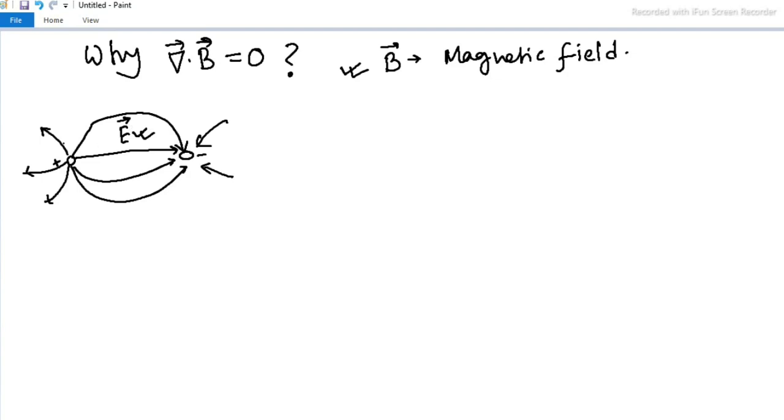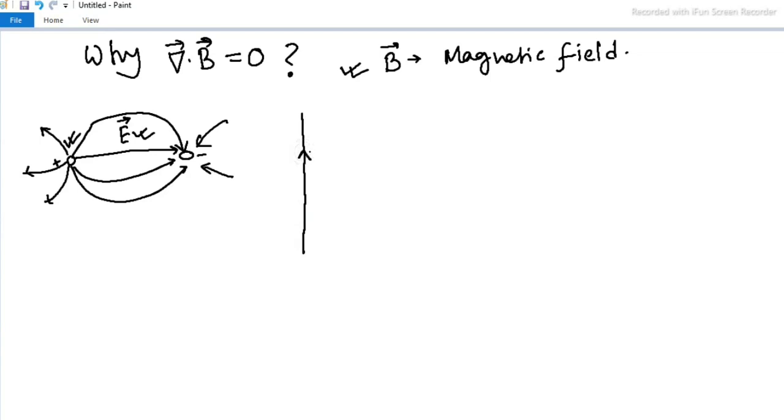But whenever these static charges start to move, how will they move? Obviously they move through a wire. Whenever a charge is moving through the wire, I am going to get a current.